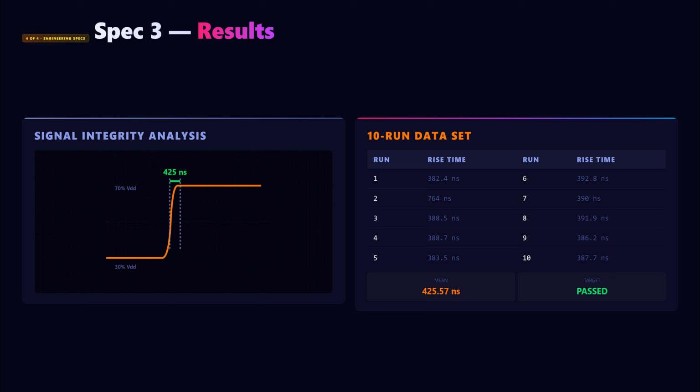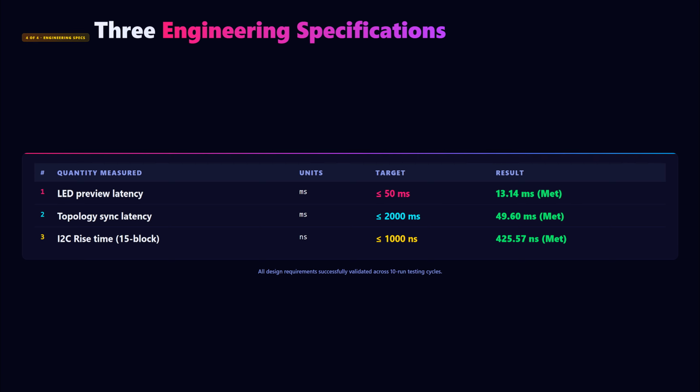We attribute this to increased capacitance near the end of the shared I2C bus, which slows the rising edge of the signal. Even in this worst-case condition, the rise time remains well within spec, so the system operates safely at full capacity. So overall, all three specs passed and everything worked the way we wanted it to.